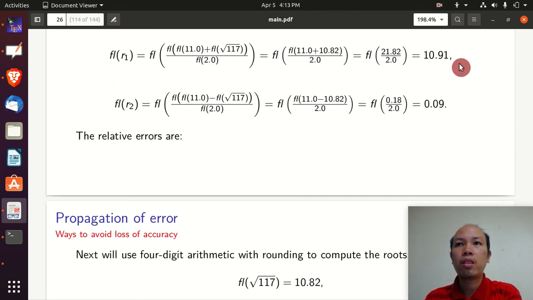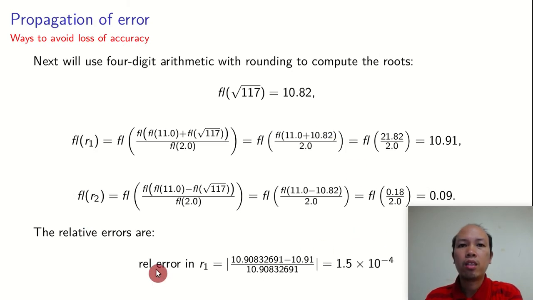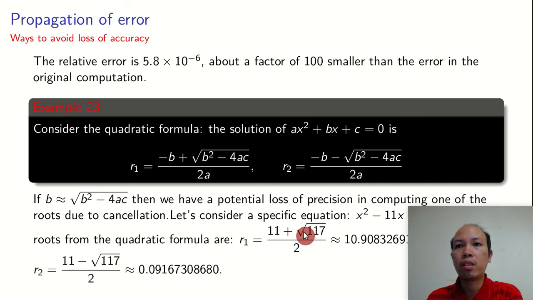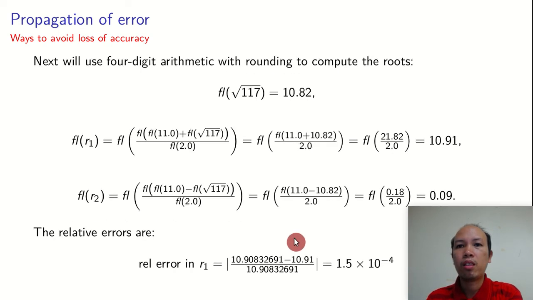So the relative error, as you can see here, in r1 is the original r sub 1 minus fl of r sub 1 over r sub 1. The answer is 1.5 times 10 to the negative 4.